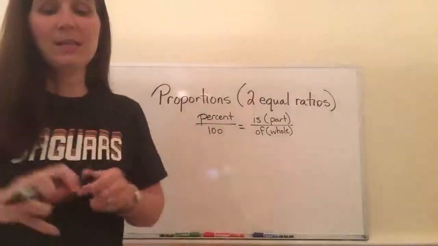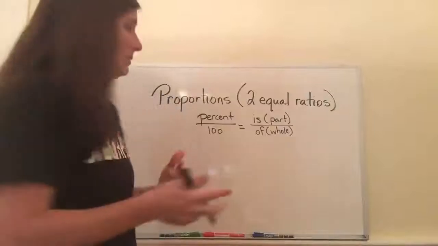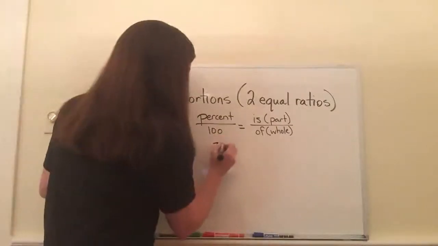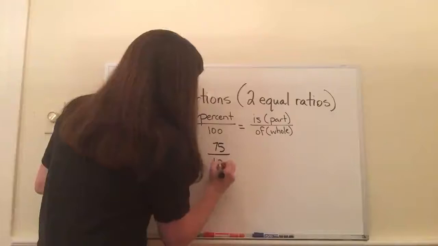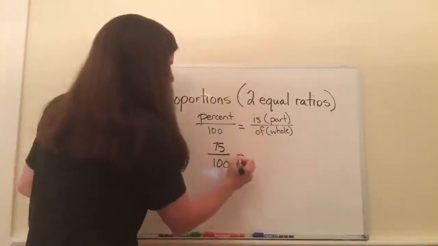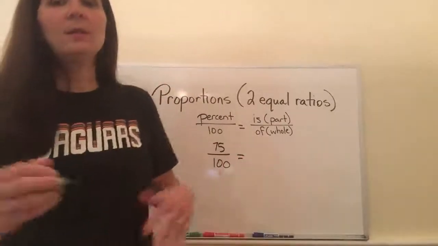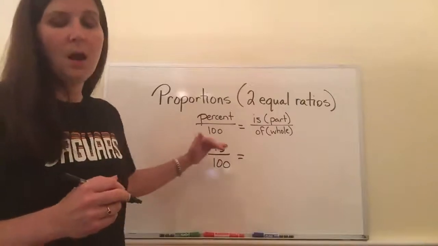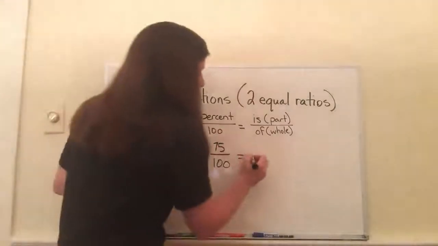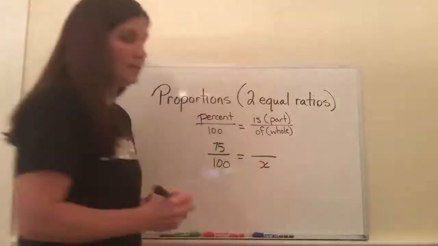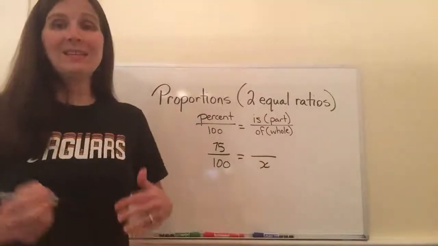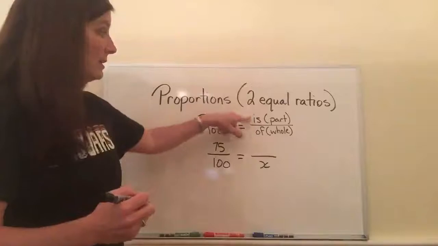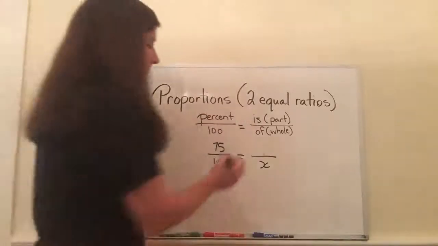So that example says 75%. So I'm going to put 75 over 100. So 75% of what number, so we don't know what this part is this time, is 48. So that is belongs in the numerator.